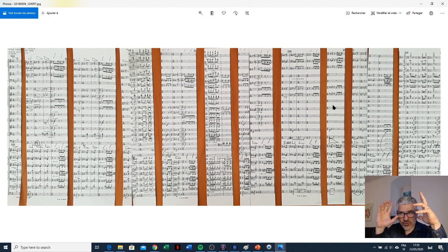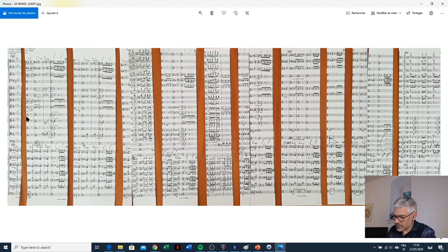How to learn this the fastest way? Okay, here is the most important information. We are starting right after the fermata. So this is 142 in case you can't see it.